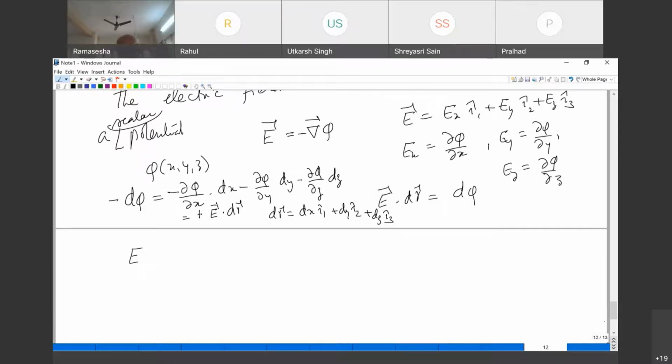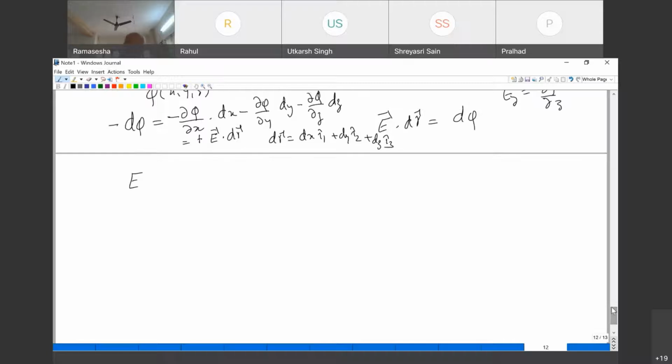Okay, so because E is equal to minus grad phi, the divergence of E is equal to minus del squared phi, and this is equal to the total charge in the system, right? Plus 4 pi rho, sorry.